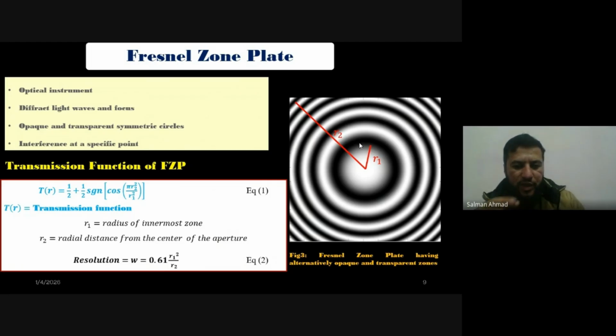I constructed this Fresnel zone plate using the optical instrument and its mathematical equation, where the signum function is used, and I construct it from this equation in MATLAB.